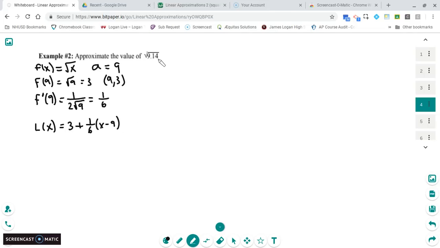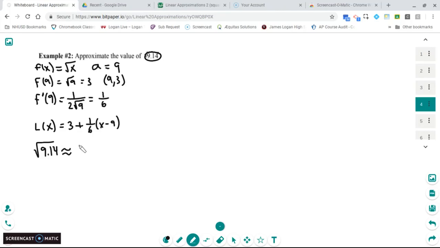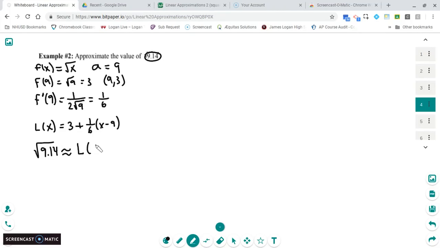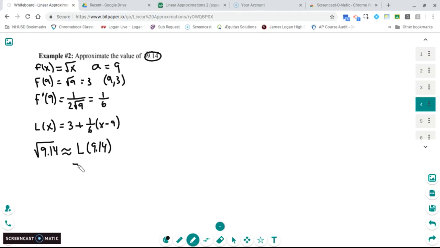Now I'm going to plug in this 9.14 to approximate the square root of 9.14. In other words, square root of 9.14 is approximately equal to L of 9.14. And then I calculate that.